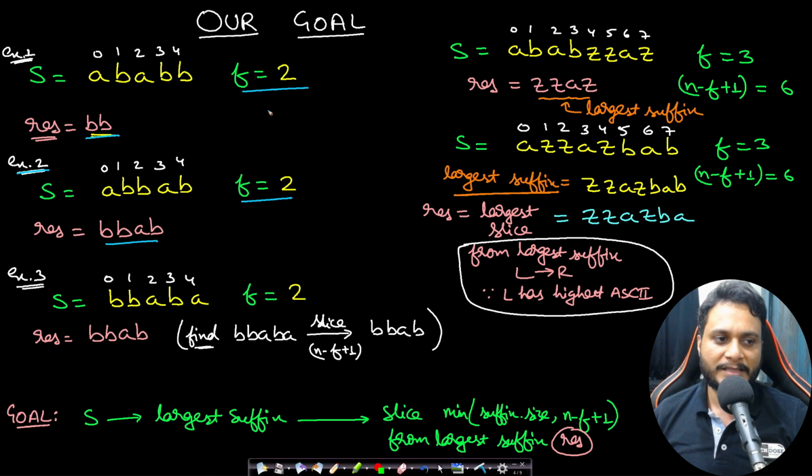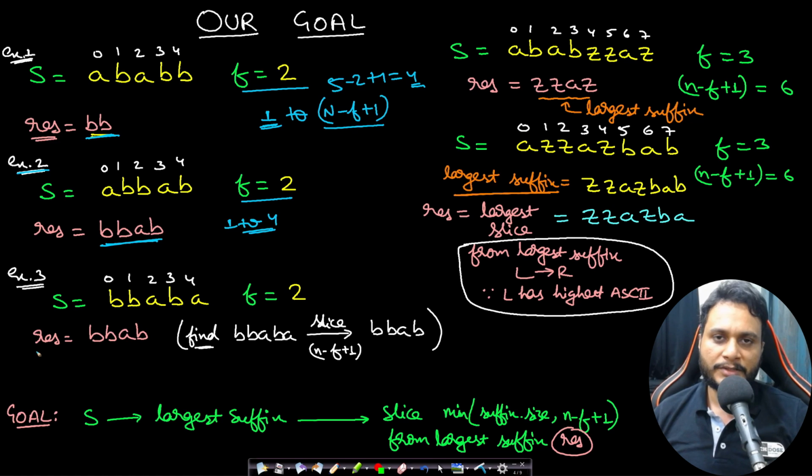The result size will always be in the range of 1 to n minus f plus 1, where 1 is the smallest size and n minus f plus 1 is the largest size assigned to the result. So in this case, n is 5, minus 2 plus 1, it is going to be 4. So this is 2, within the range of 1 to 4, so it is fine. Similarly, here also it will be in the range of 1 to 4. So this is 4 length, so it is fine.